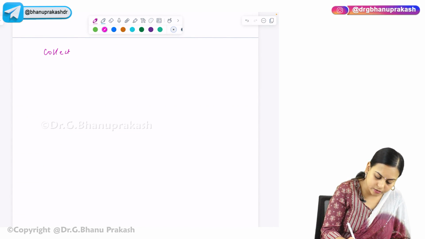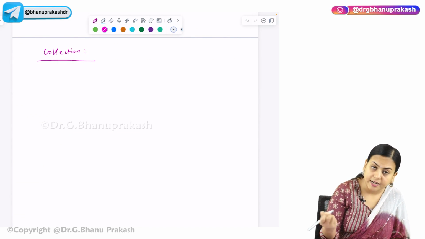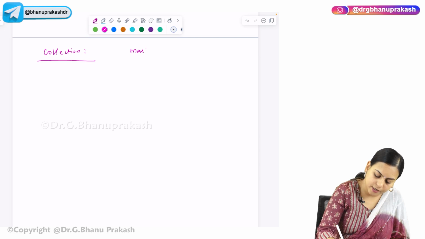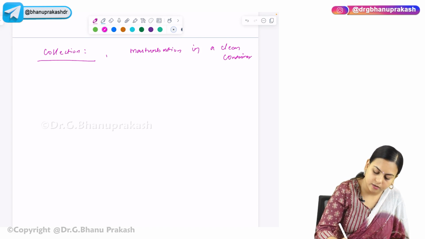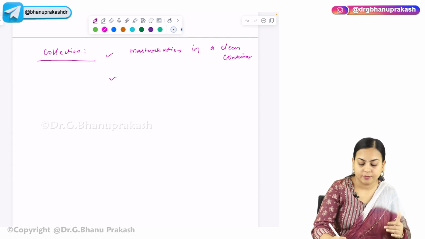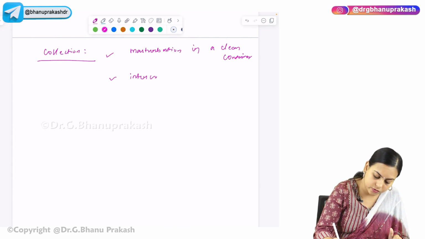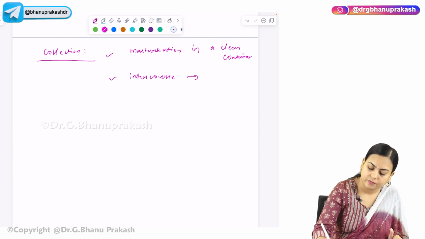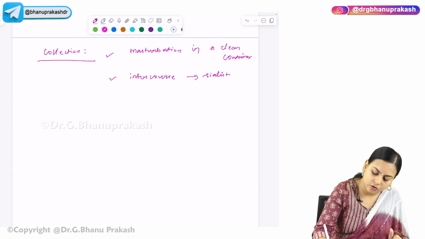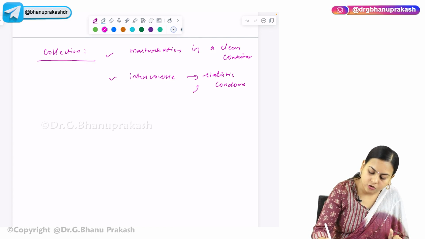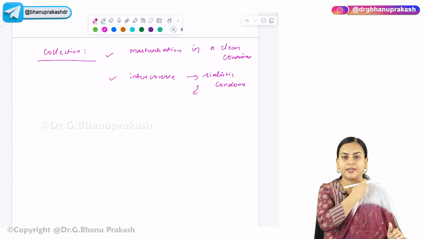So, collection methods may include masturbation in a clean container, and you can even advise them to undergo intercourse by using sterile condoms that do not contain spermicidal agents.